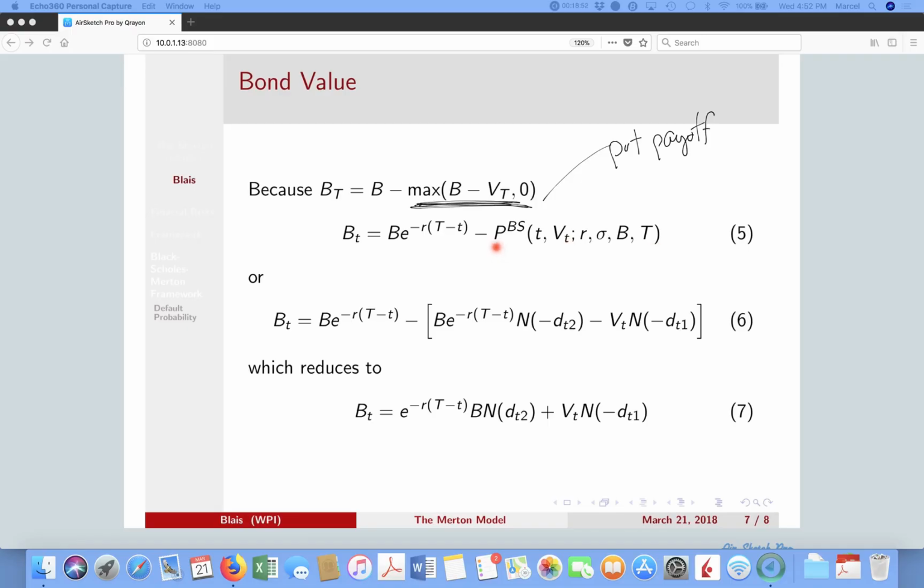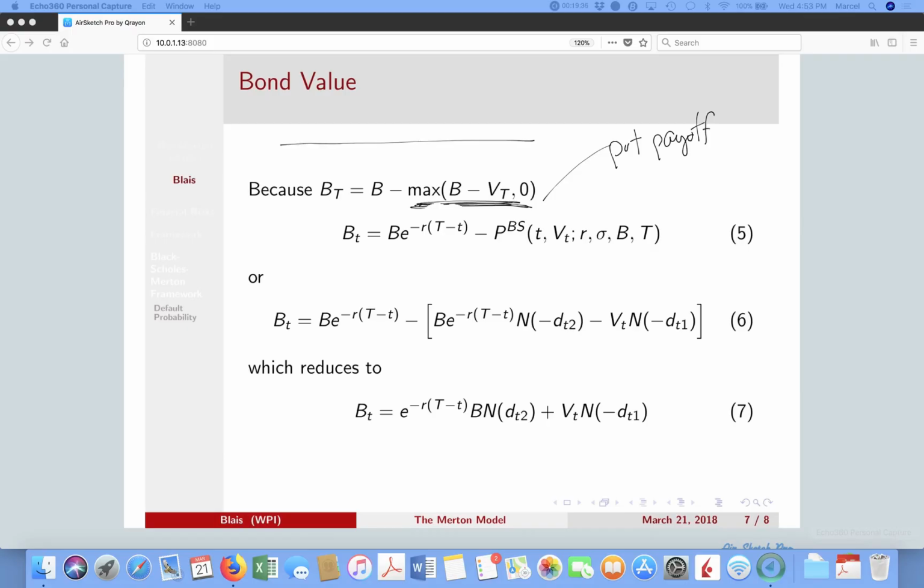So put option price in the Black-Scholes model at time t, value of the firm V_t with the same parameters as the previous option. Other term here is a deterministic value of B. So this is B dollars, but we need to discount it back to time t.